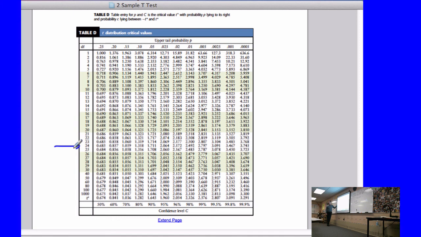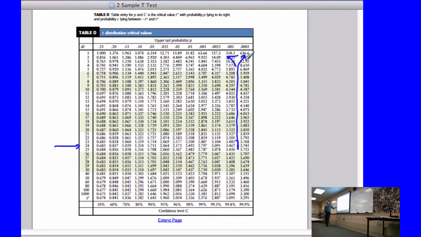Where does 3.63 fall? In between those two, right? So I would say that my probability is between 0.0005 and 0.001. I don't know exactly, but I can tell you it's somewhere. Either way, I'm still going to reject the null. It's so low, right?